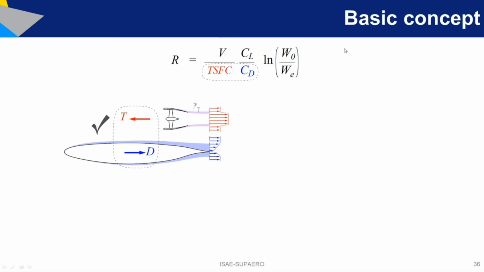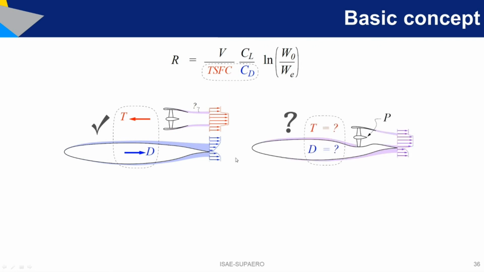But what happens when it changes? Well, this is the case I mentioned before, the tube and wing, where the engine is separated from the airframe. For the airframe you can compute its drag, and for the engine you can compute thrust, no problem. But what happens when you have a complex configuration? When you have a more integrated configuration like this one, a BLI, boundary layer ingestion, you can no longer talk about drag or thrust in a unique manner, because there is some ambiguity, some arbitrary definitions to make.